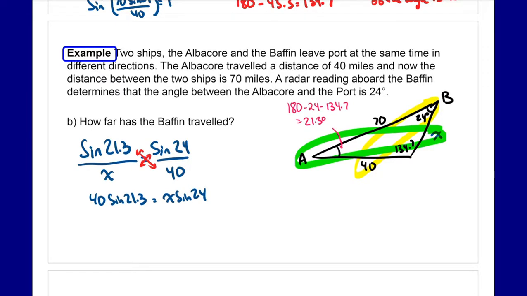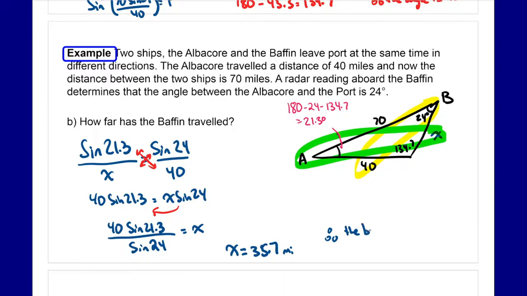When I get x by itself, this sine 24 comes over. 40 sine 21.3 divided by sine 24 will equal x. And then we get as our final answer that x equals 35.7 miles. So therefore, the Baffin traveled 35.7 miles.